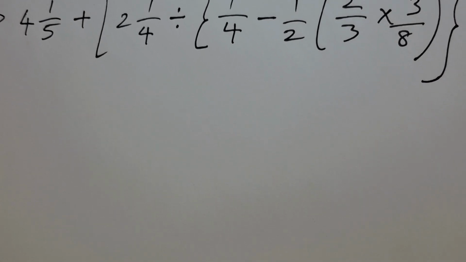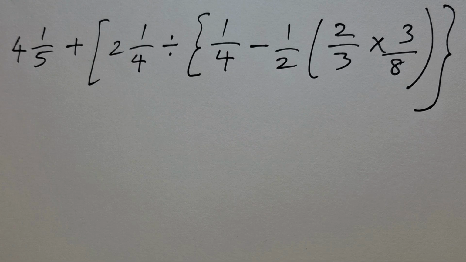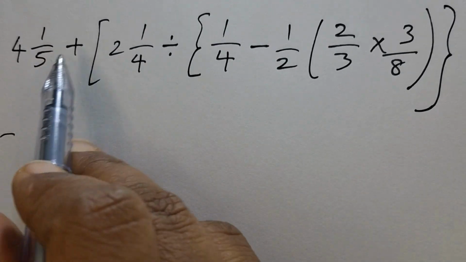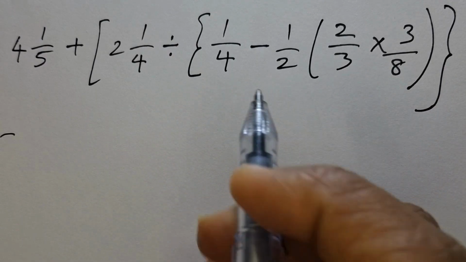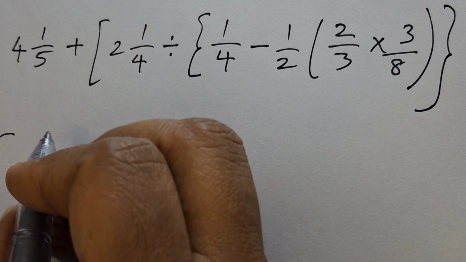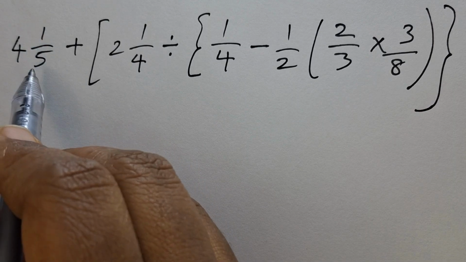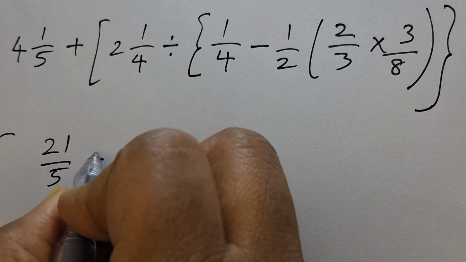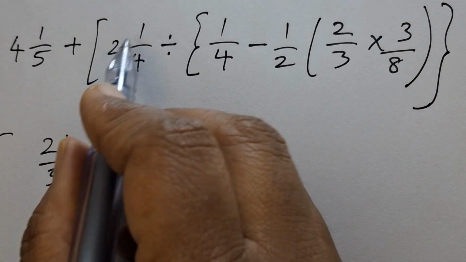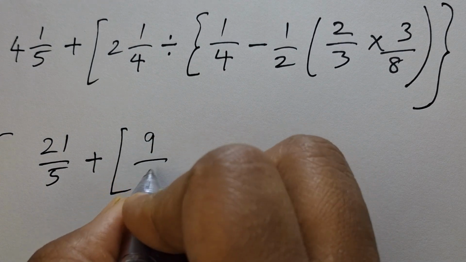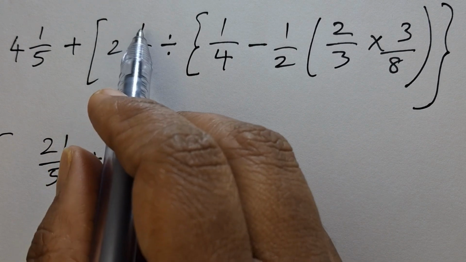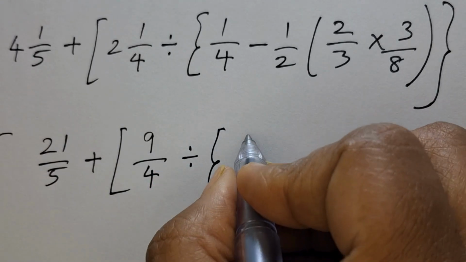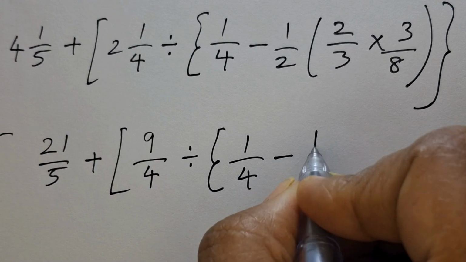Firstly, we have to convert the mixed fractions to improper fractions. So 5 4s are 20, 20 plus 1 is 21 by 5, plus 4 2s are 8, 8 plus 1 is 9, 9 by 4, divided by 1 by 4 minus 1 by 2 into 2 by 3 into 3 by 8.